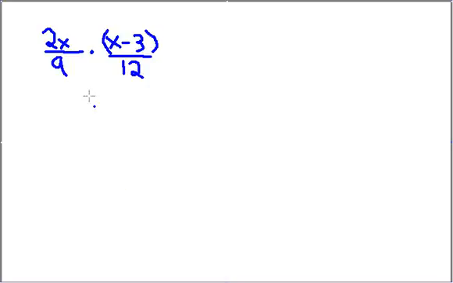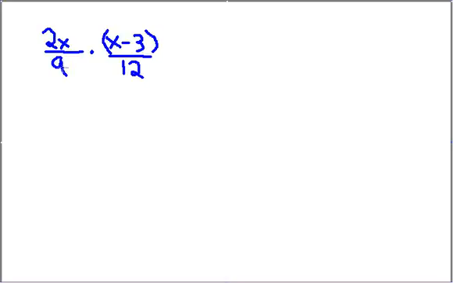2x over 9 times x minus 3 over 12. At first glance here, it doesn't look like there's maybe a whole lot we can do, but if you take a look here, your coefficient for x is a 2. Is there anything we can cancel with the 9?